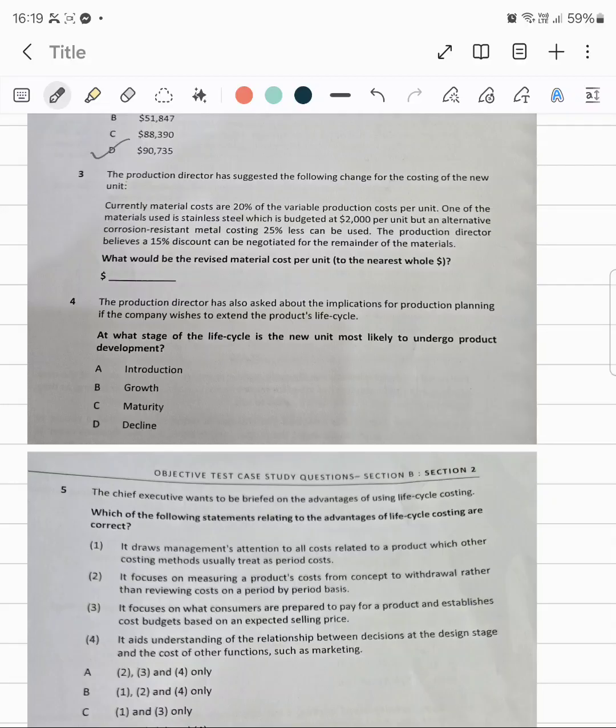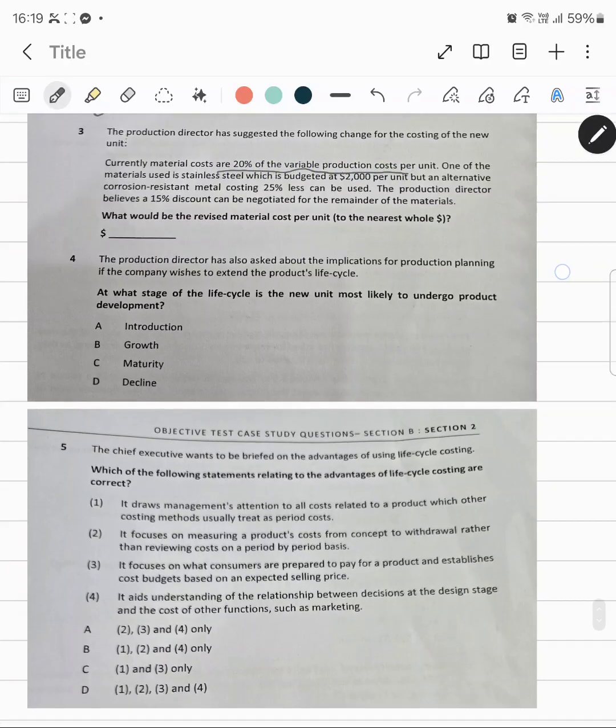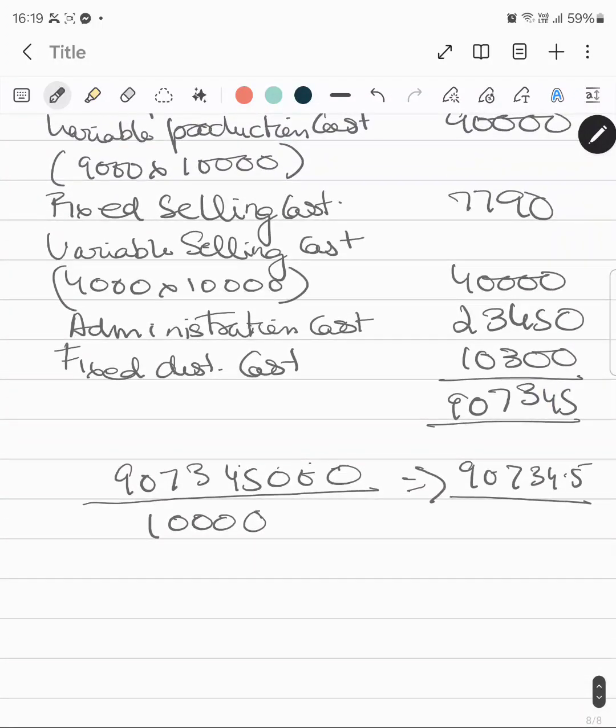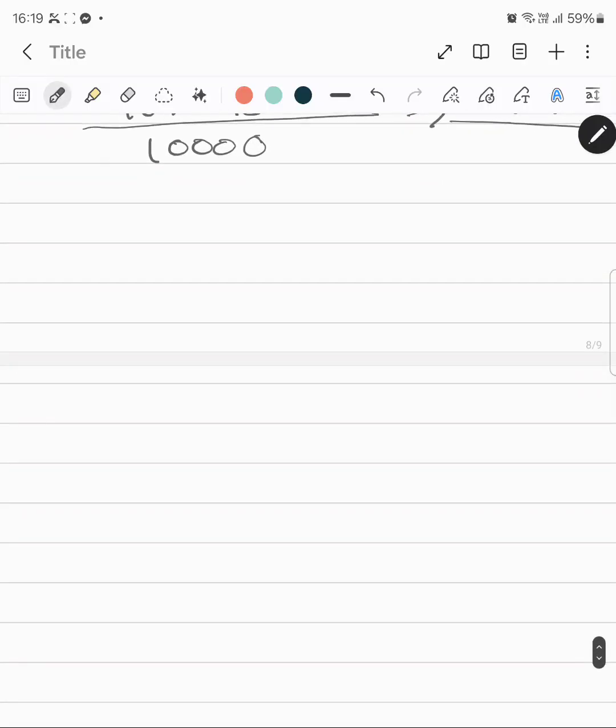Okay, so I'll read out this again. The material cost are 20% of the variable cost production. So what was my material cost? Material cost was 4,20,000. So for this I'll do some calculation again.